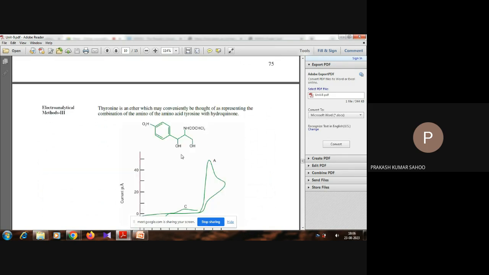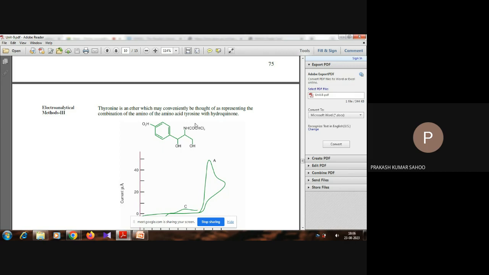So this is the hydroquinone, and this is thyronine. Thyronine is an ether which may be conveniently thought of as representing the combination of the amino acid tyrosine and hydroquinone.